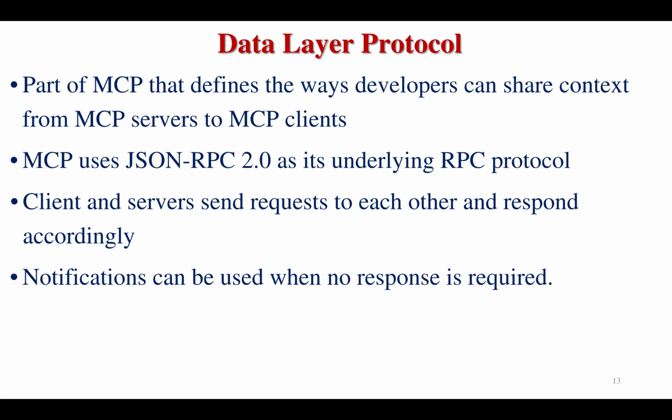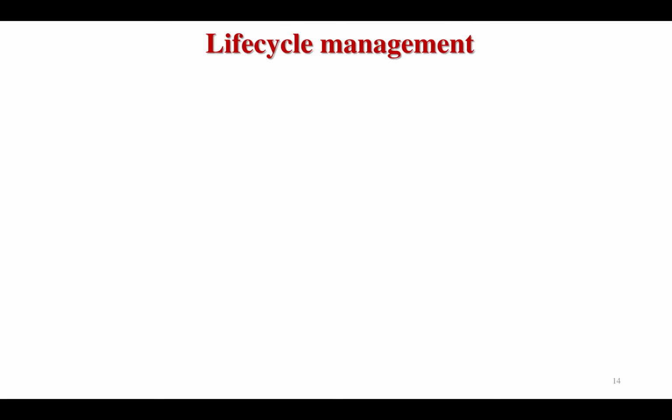Notifications, as we discussed, are helpful when there is some update on the server side and no response is required from the client side. Generally, if the server makes a request, it will expect a response. For a notification, it doesn't expect any response.